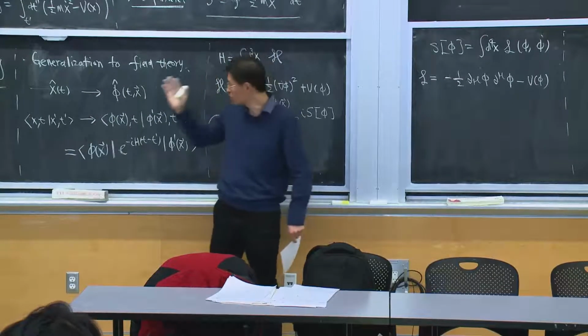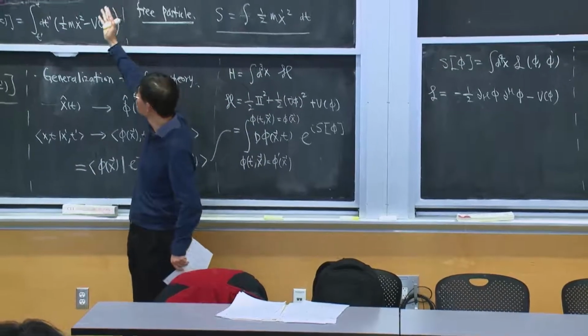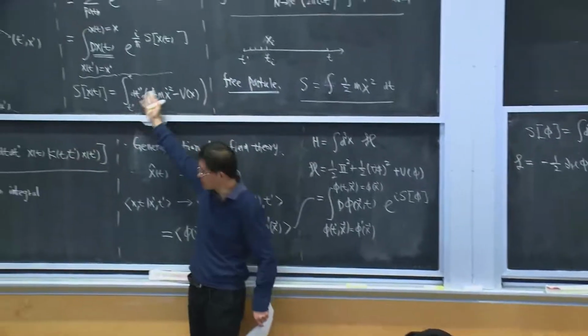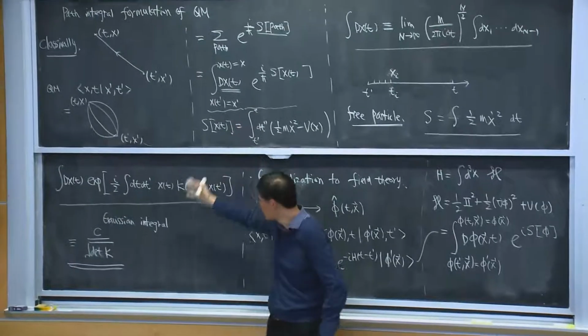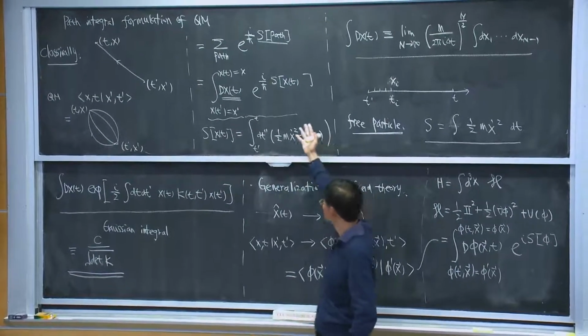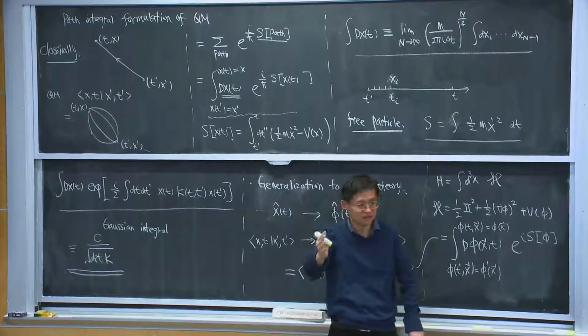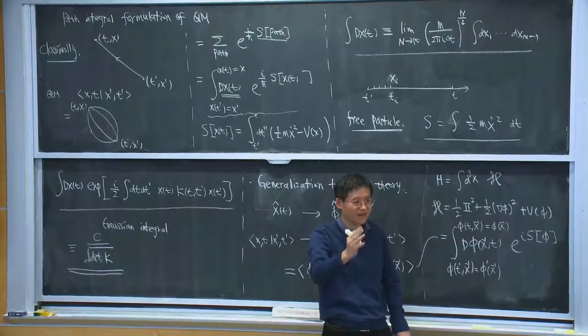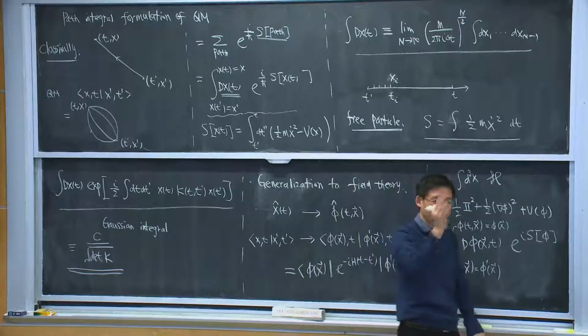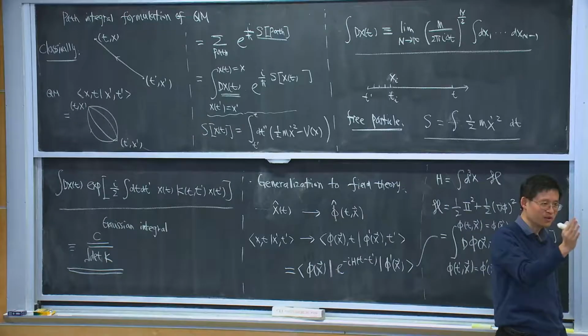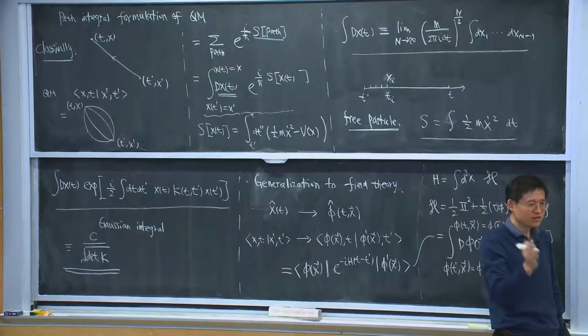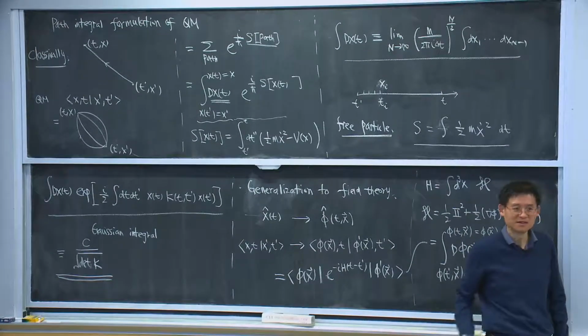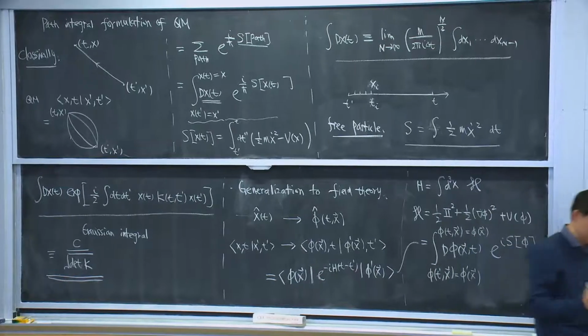And whenever you get confused about the path integral in quantum mechanics, just reduce it to a finite dimensional integral, and then you should be able to understand. Always reduce it to the simpler case, and often your confusion can be understood in that simpler case.